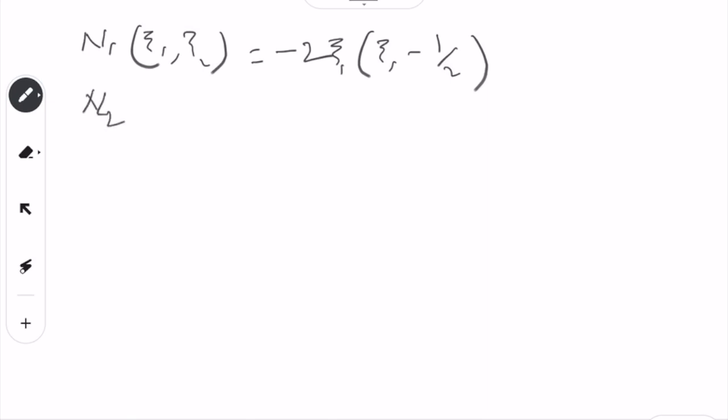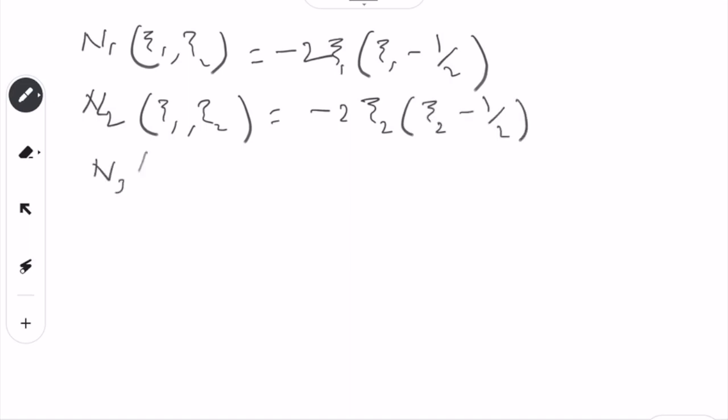Similarly, you can work for n2: n2 of xi1, xi2 will be equal to minus 2 xi2 (xi2 minus half). n3 of xi1, xi2 will be equal to minus 2 xi3 (xi3 minus half), okay.